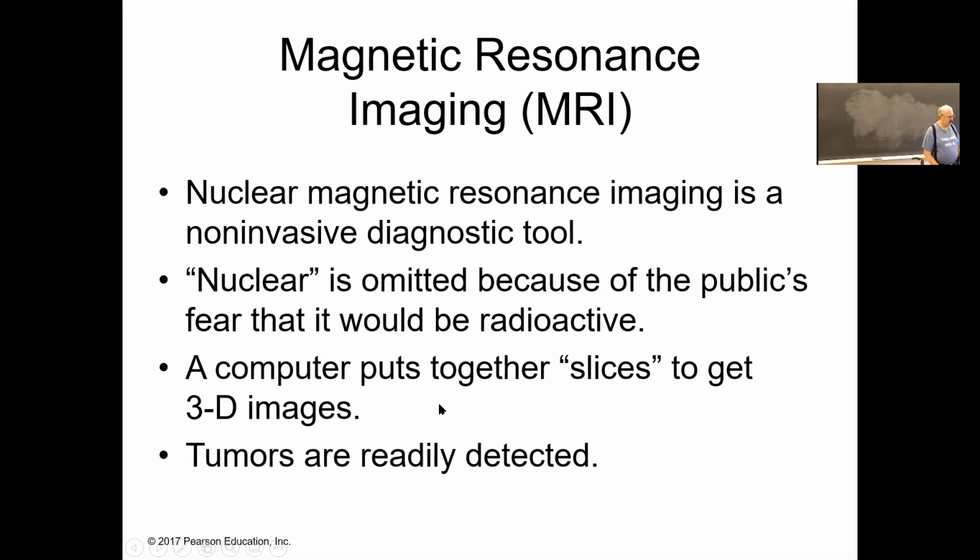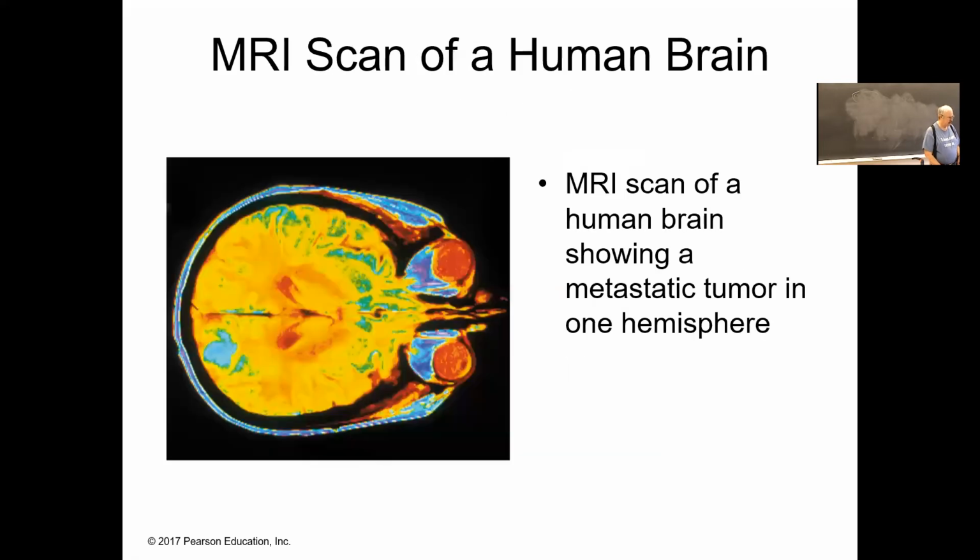A computer puts together 2-dimensional slices to get 3D images. This has a number of applications. It can be used to detect tumors. Here is one example: we've got a metastatic tumor in one hemisphere of the brain.